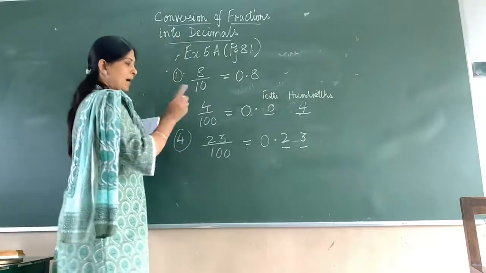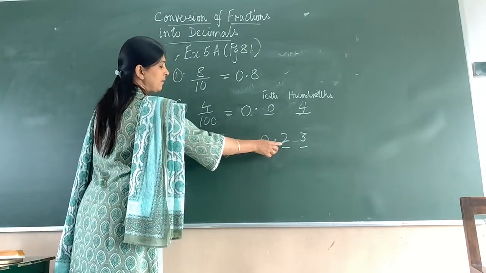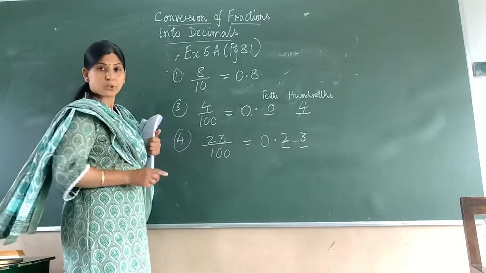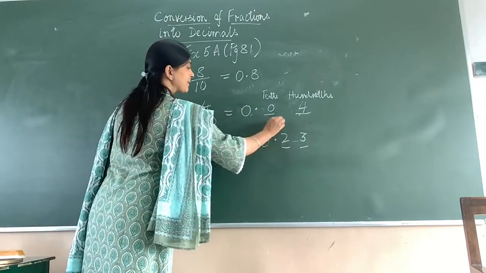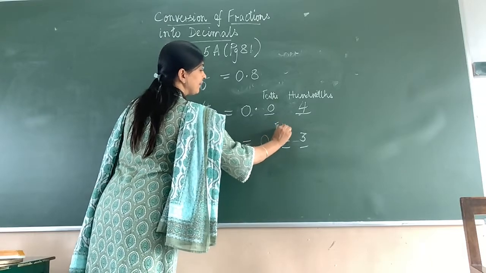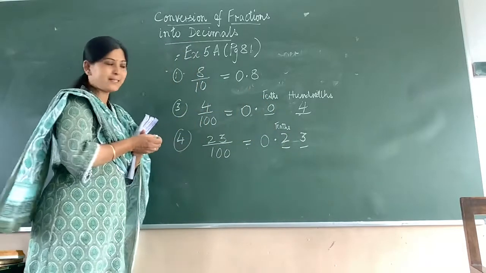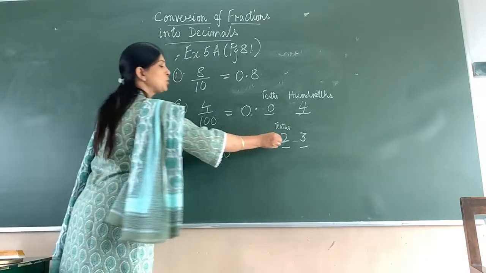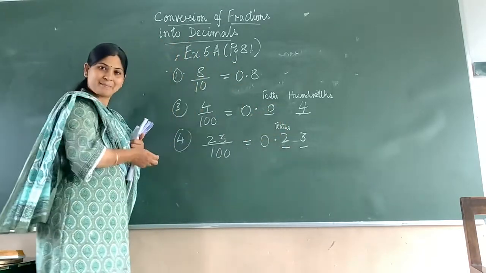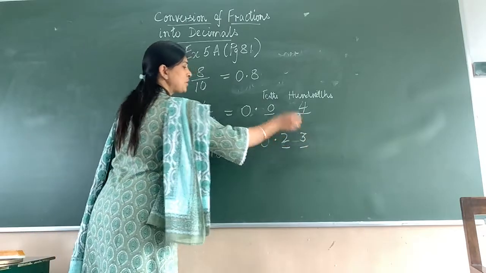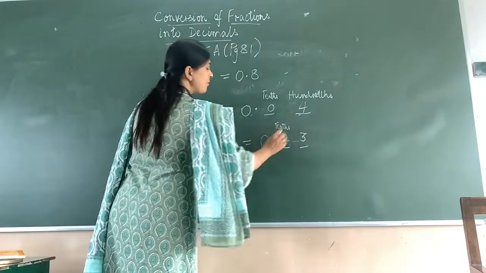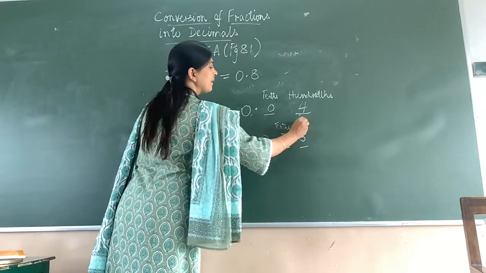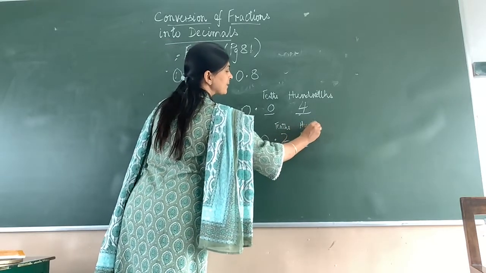Okay. Now if I ask you, in which place is 2? It is in tenths place. Isn't it? If I ask you what is the place value of 2, you will say 2 tenths. Now if I ask you 3 is in which place, children? After the decimal point, the places are tenths, hundredths.